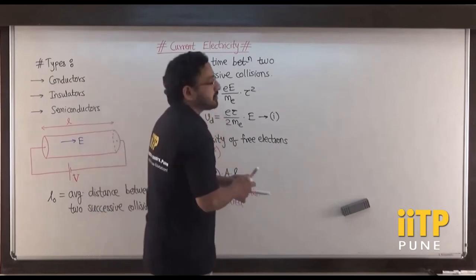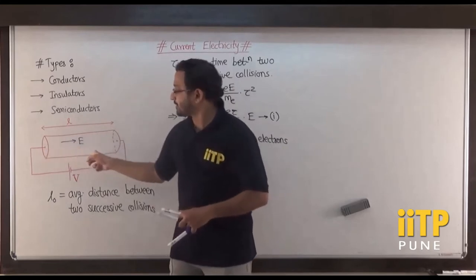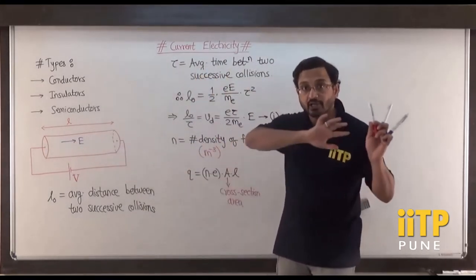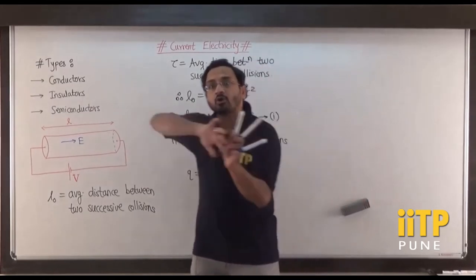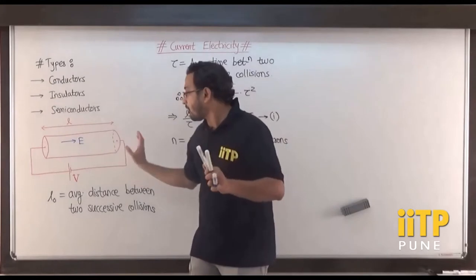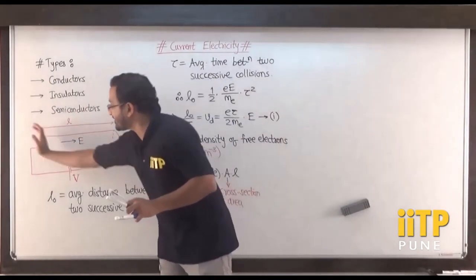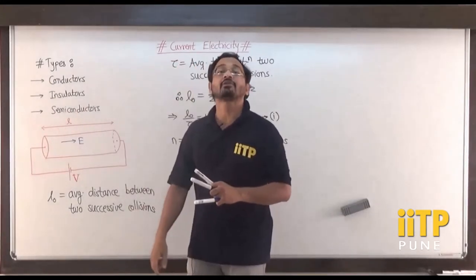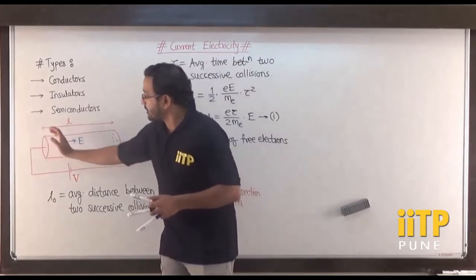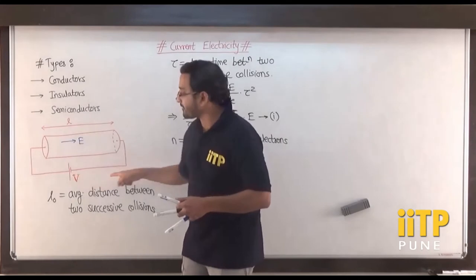Now imagine that when I start applying this electric field by the battery, this charge Q, the free electrons, should all go in this direction. Let's say the time taken for all these charges to go this much distance L is time t. So imagine now that this charge must travel here, so that new charge coming from the battery will take its place.